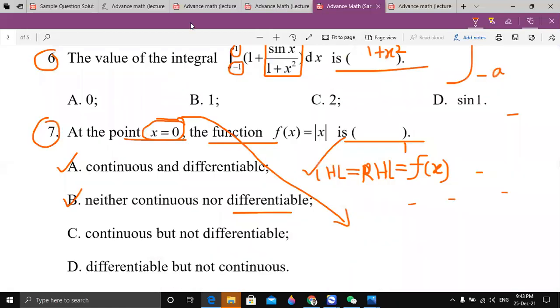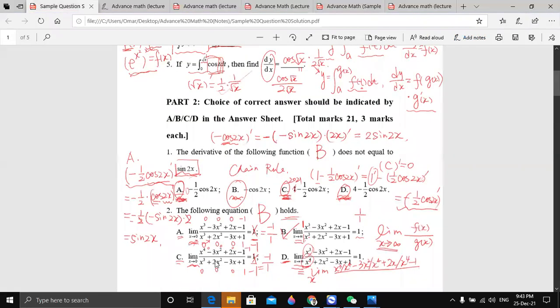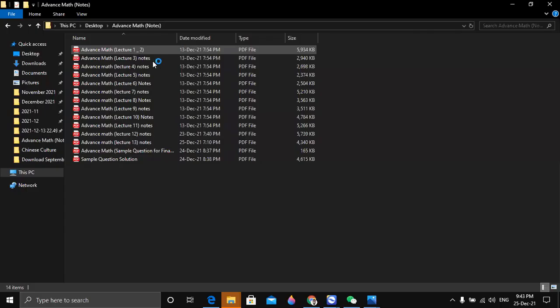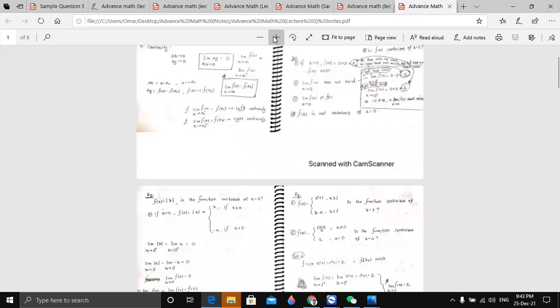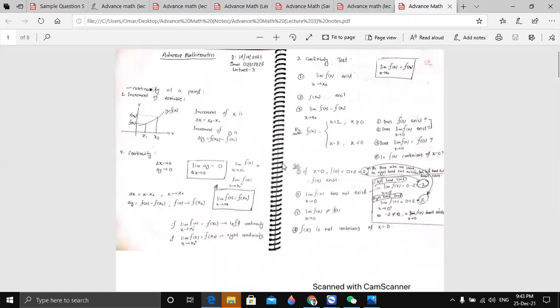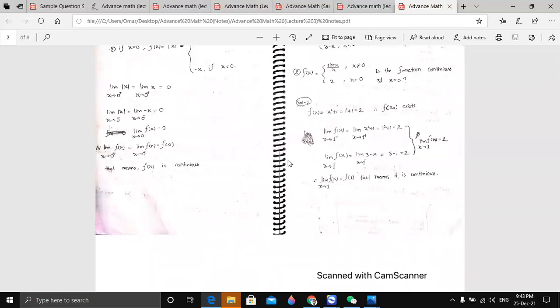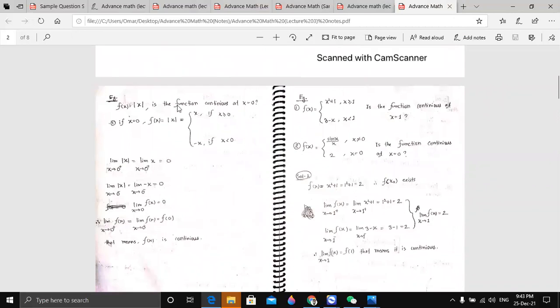I have to see lecture 3. I don't know what I'm going to do in the exam. We are going to get 100 out of 100. Yeah, we know. You can see here.